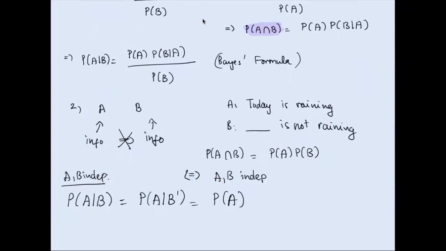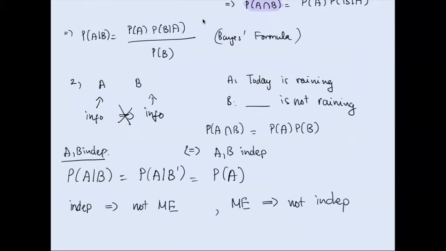And you have to remember that if A and B are independent, then they are not mutually exclusive. And if they are mutually exclusive, then they are not independent. However, you cannot say that not independent means mutually exclusive.